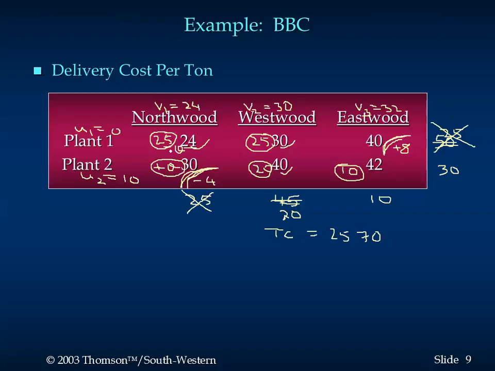So plus theta here, minus theta here. And because the total is 50 here, it has to be added here and subtracted here. So plus theta in this empty cell, and then you have a chain of basic cells where the allocation is changed: plus theta, minus theta here, plus theta here, minus theta here.